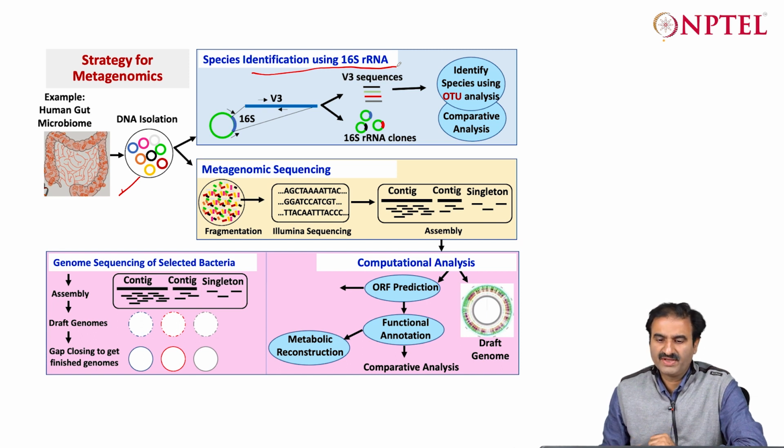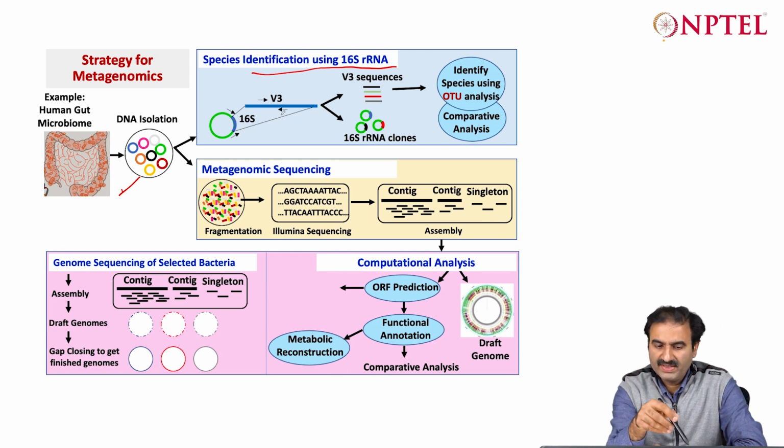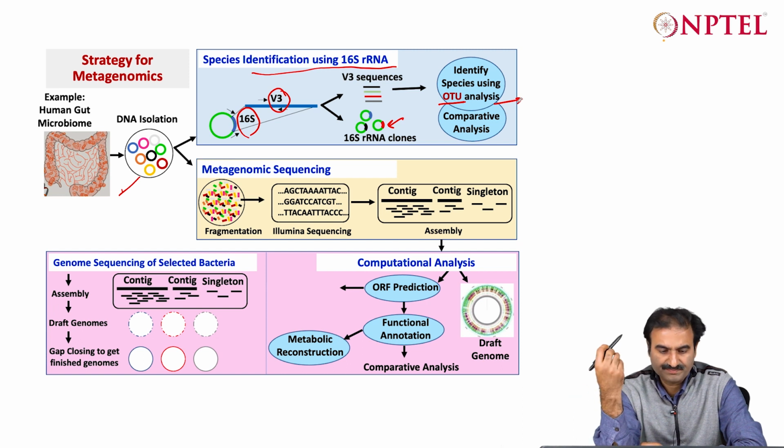We will see that in the next few slides, and in the last talk of this week also, the third lecture of this week. In that we can amplify either the entire 16S or the V3 region using appropriate primers, and then either construct a 16S library, or directly sequence this and identify the OTUs or amplicon sequence variants and identify the species which are present in that environment.